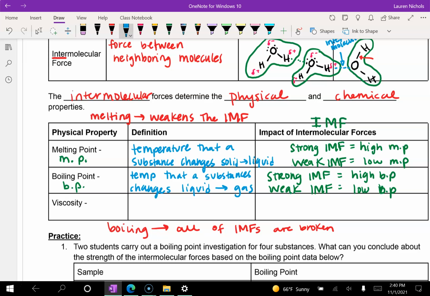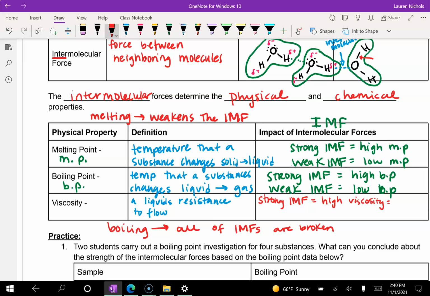Now, viscosity is a liquid's resistance to flow. All right, so think about honey versus water. When you pour honey, that would be very viscous, or it has a high viscosity. So if you have strong intermolecular forces, then you have a high viscosity.